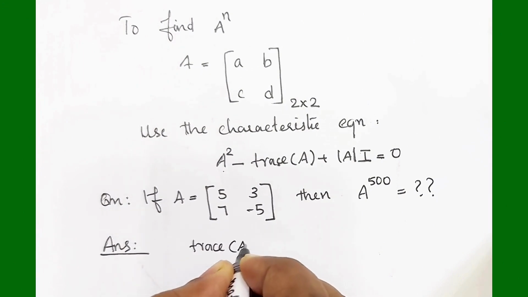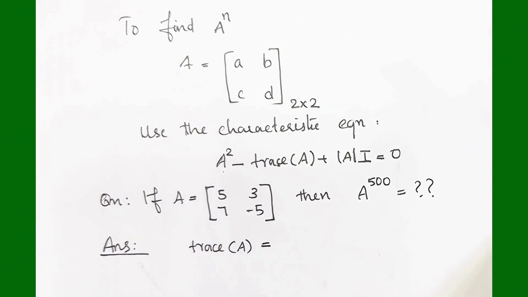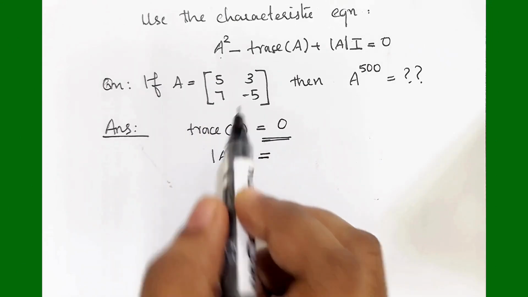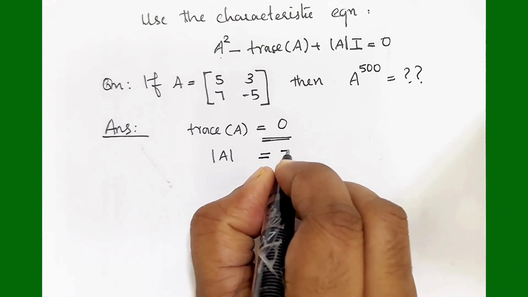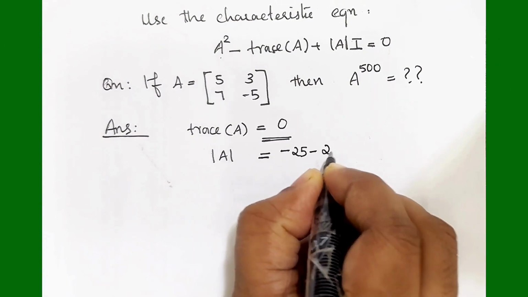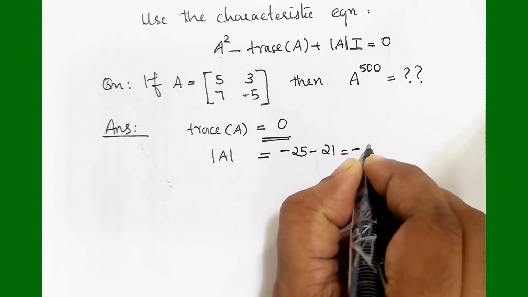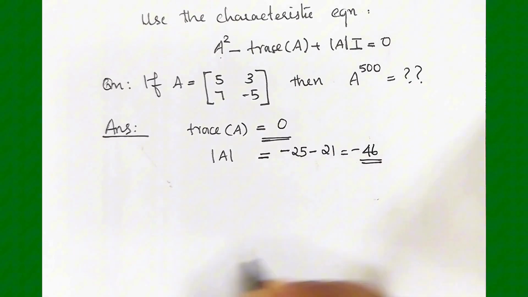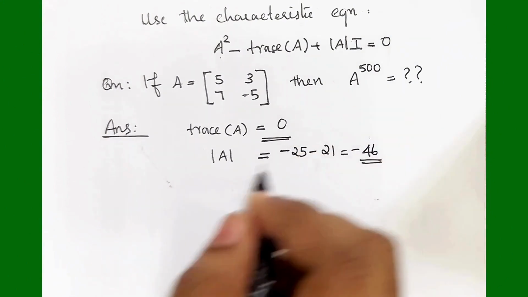Therefore, trace of A is equal to sum of the main diagonal elements, that is 5 minus 5, that is equal to 0. Now determinant of A is equal to, calculate the determinant, negative 25 minus 21, that's equal to negative 46. Now just apply the values here.